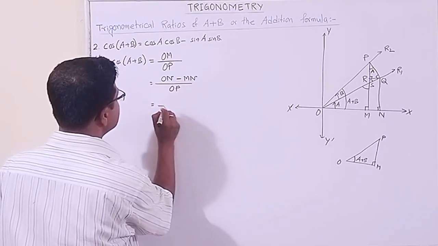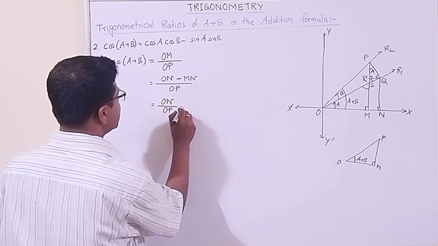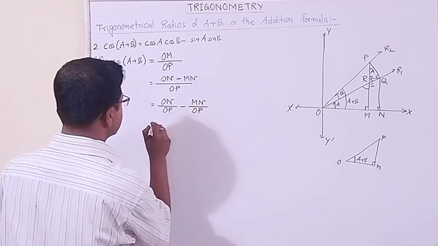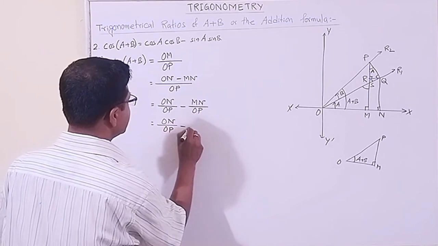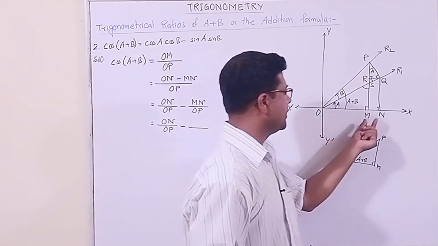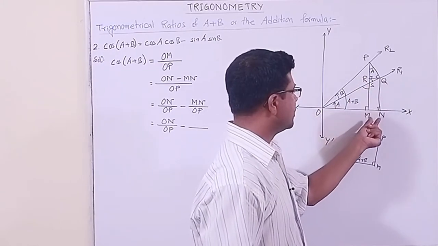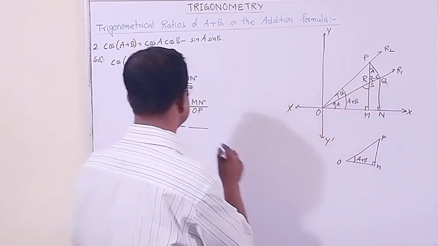Here we will separate them. I think you understood this nicely. ON by OP minus MN by OP. Let us change this MN: as MNQR is a rectangle, opposite sides are equal, so in place of MN we can write QR.